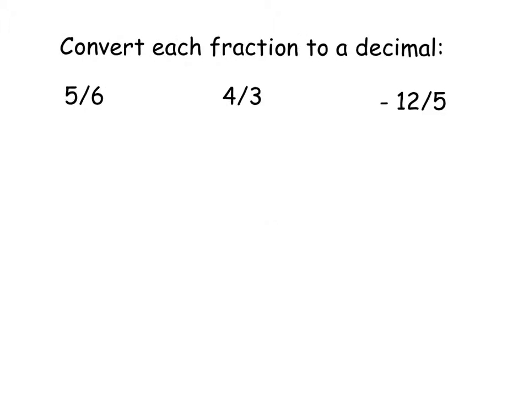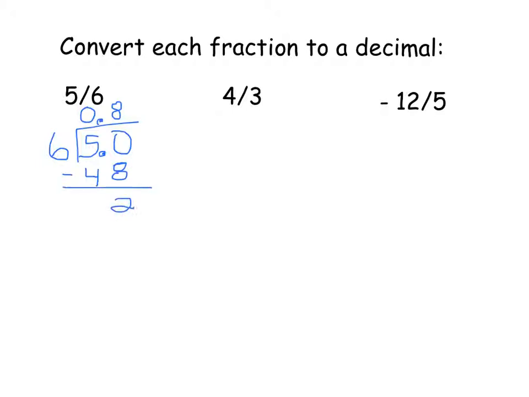All right, converting each fraction to a decimal. Remember that the fraction line means division. So really what you are doing is dividing the numerator by the denominator. 6 goes into 5 0 times. So remember there's a decimal after the 5. We can bring the decimal up, and since we're out of numbers, we're going to add a 0 as a placeholder. So now we can do 6 goes into 50 8 times. 8 times 6 is 48.